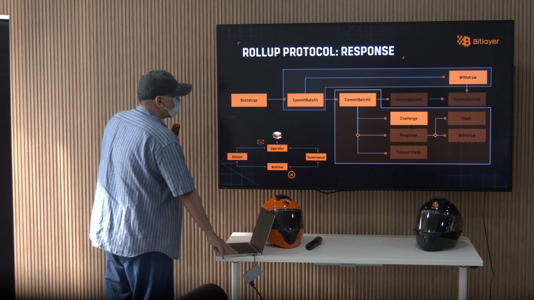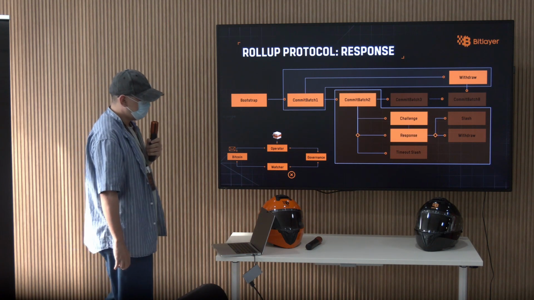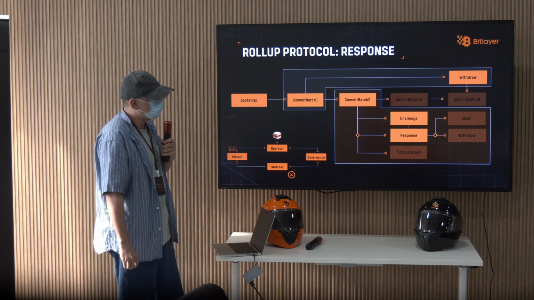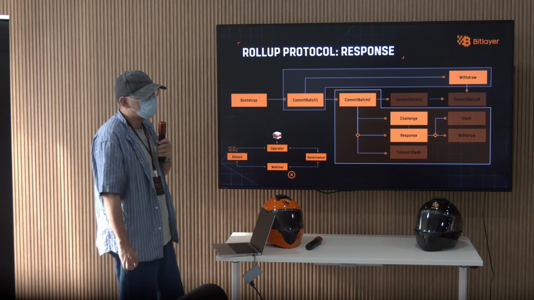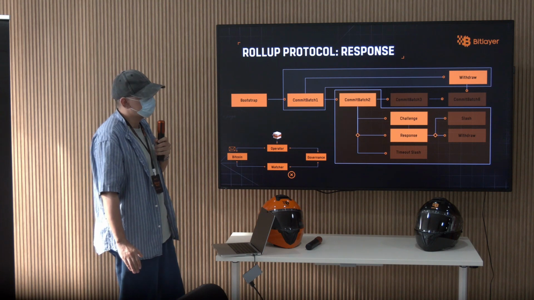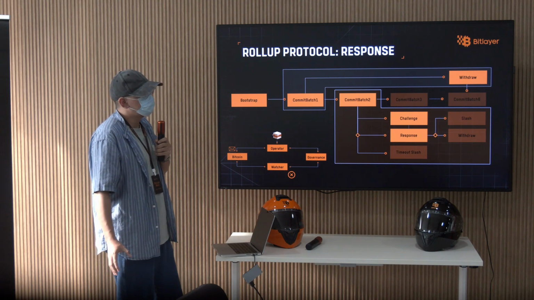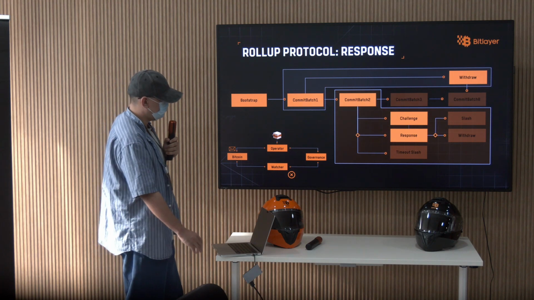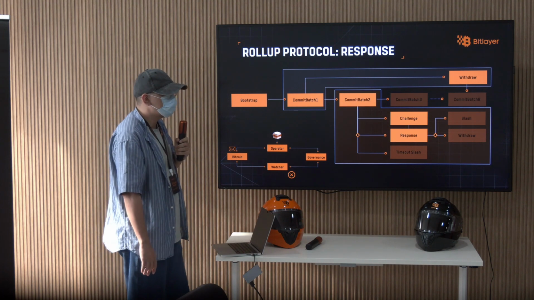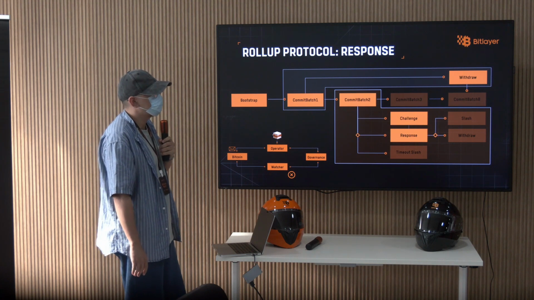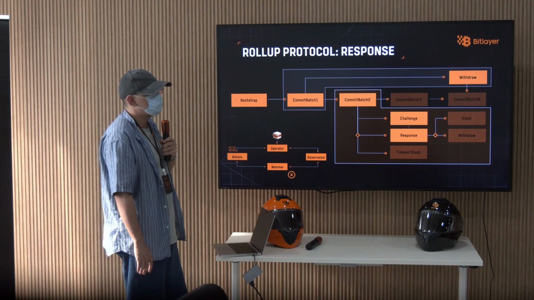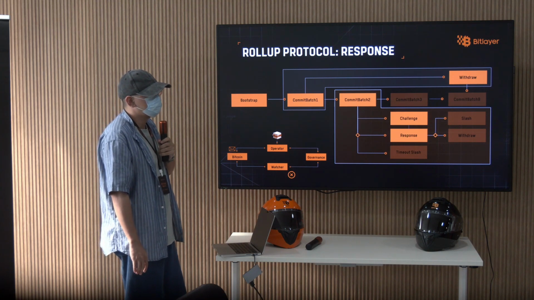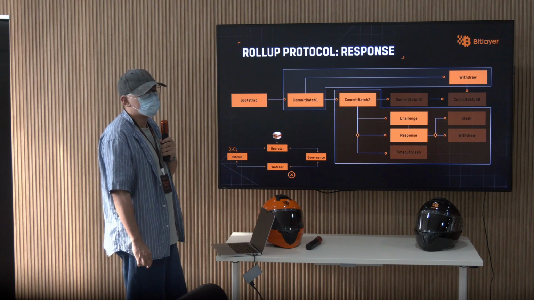So if the operator successfully responds, it has to reveal all the intermediate outcomes of the subprograms of the verifier script and the input and output of the verifier script, and then the watcher can take all this information from the response to find out which is the actual mismatched, or we can call it failed, subprogram that we can slash.